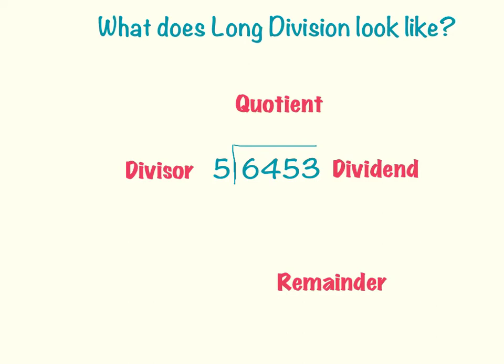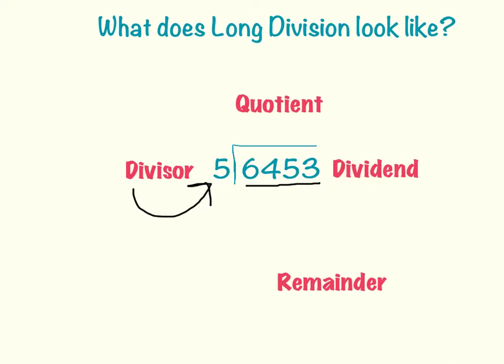Okay, so before we start working on long division problems, we're going to see what they actually look like. Okay? Long division problems have several parts. First, we have the divisor. The divisor is the number that you're going to divide the dividend by.